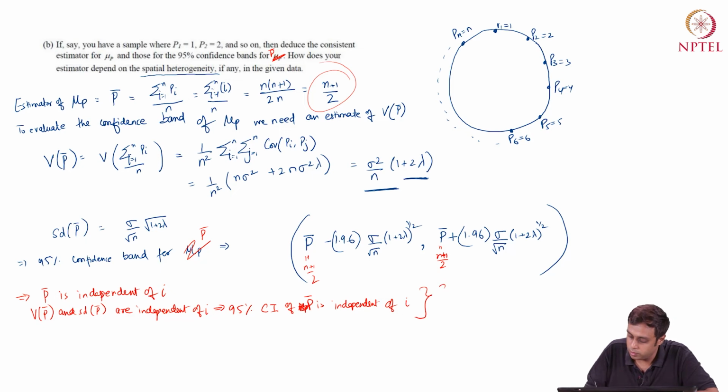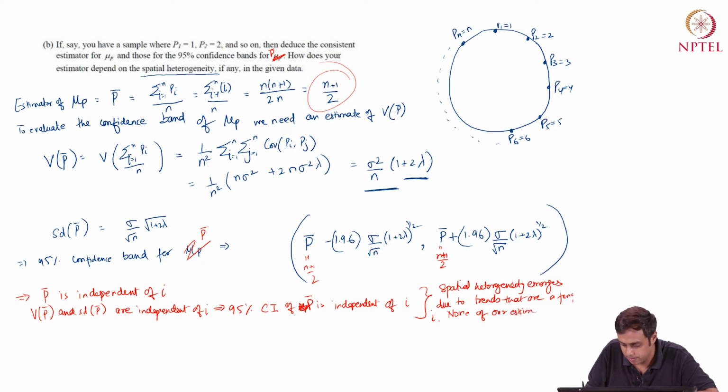Spatial heterogeneity emerges due to trends that are a function of i. None of our estimators are a function of i.